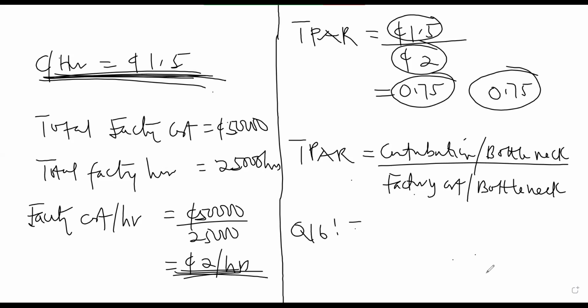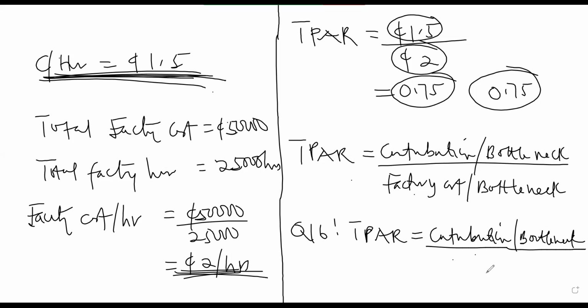You have to put your throughput accounting ratio here: the throughput return or contribution per the bottleneck, divided by the factory cost per the bottleneck. So what do we have to do? We have to calculate the contribution per the bottleneck. What is our contribution from that question?